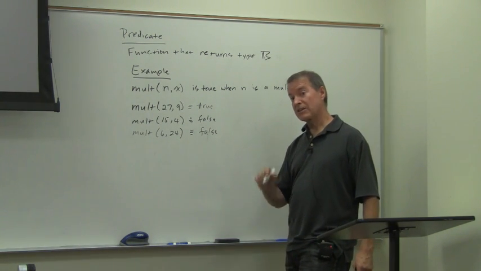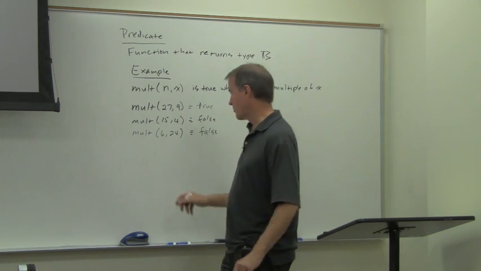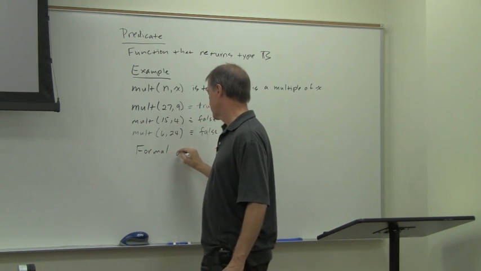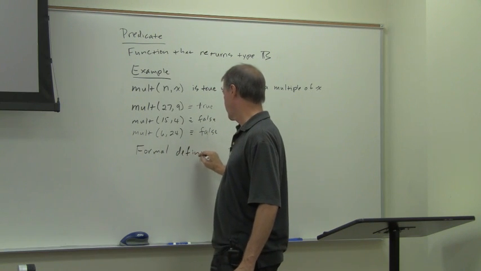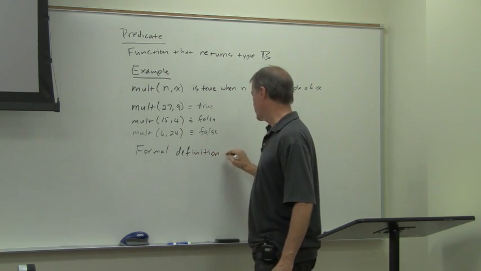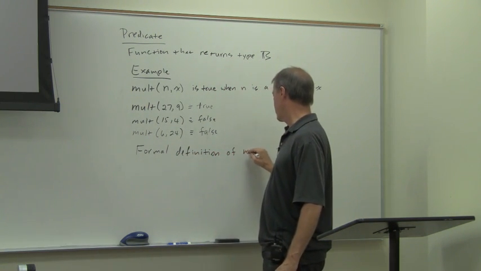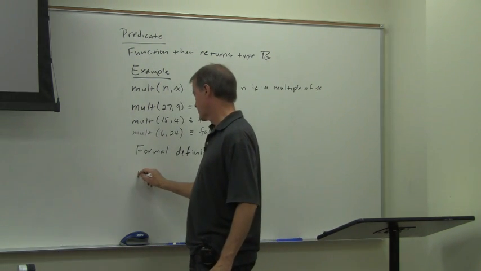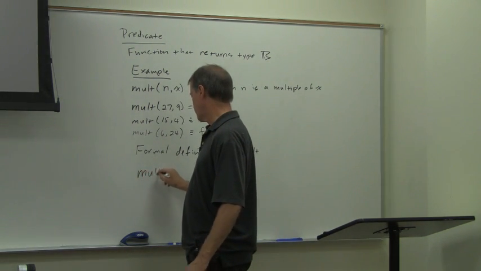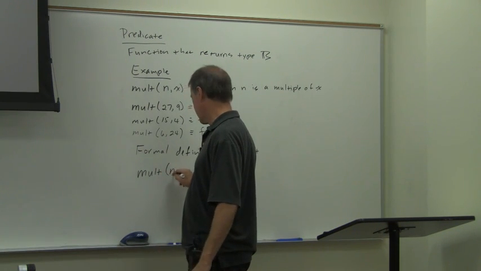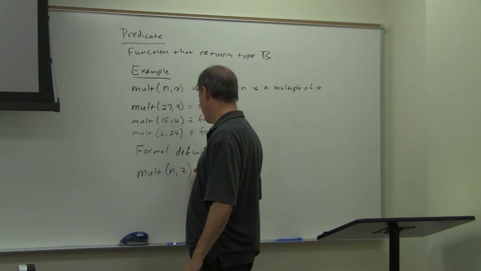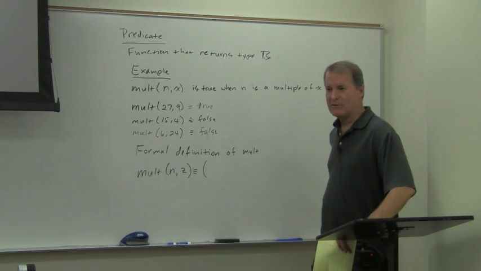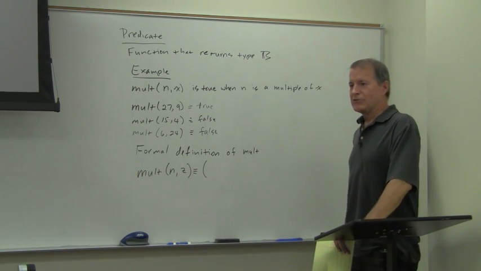Now everybody kind of understands what this means informally, right? Now let's formally define what mult is. The formal definition of mult. Mult n z is equivalent to... I give you a choice here.